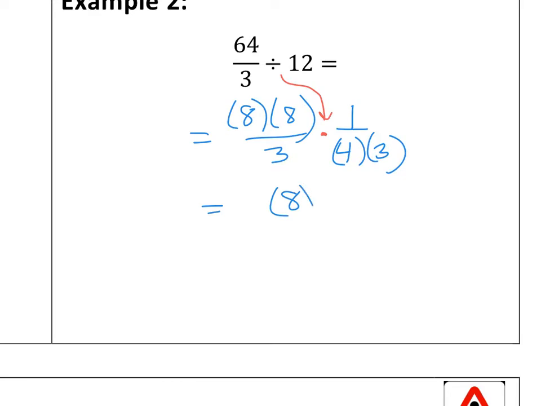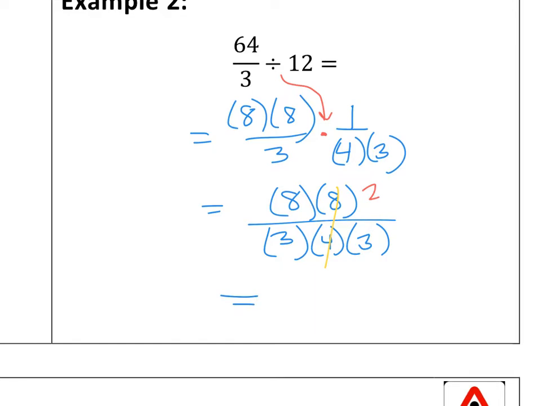And so I have 8 times 8 in the numerator. I have 3 times 4 times 3 in the denominator, and I'm going to start to simplify. I've got 8 divided by 4 simplifies to 2, and that's about all I can do. So up on the numerator, I have 16. In the denominator, I have 9, so 16 ninths.